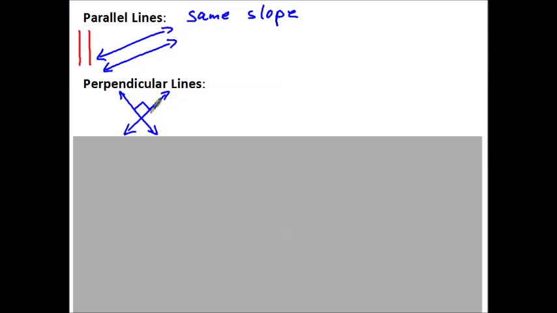So the slopes of two perpendicular lines are opposite reciprocals. Two things you need to know: opposite and reciprocal. Sometimes we get one of them right, but then we forget the other. Opposite reciprocals.